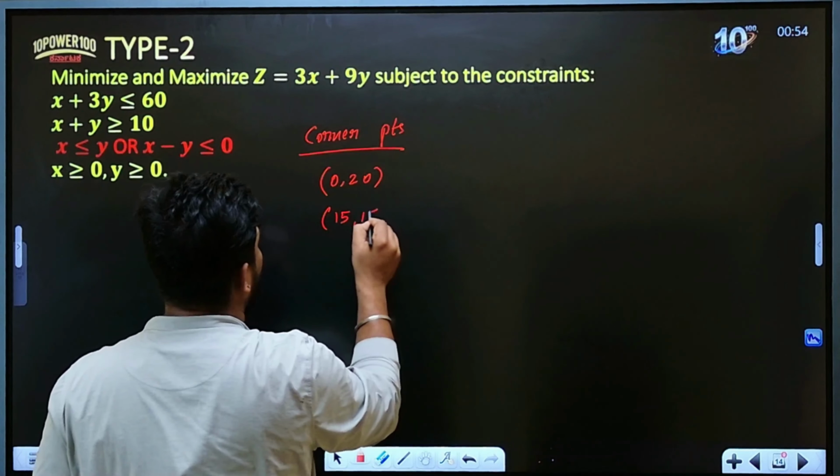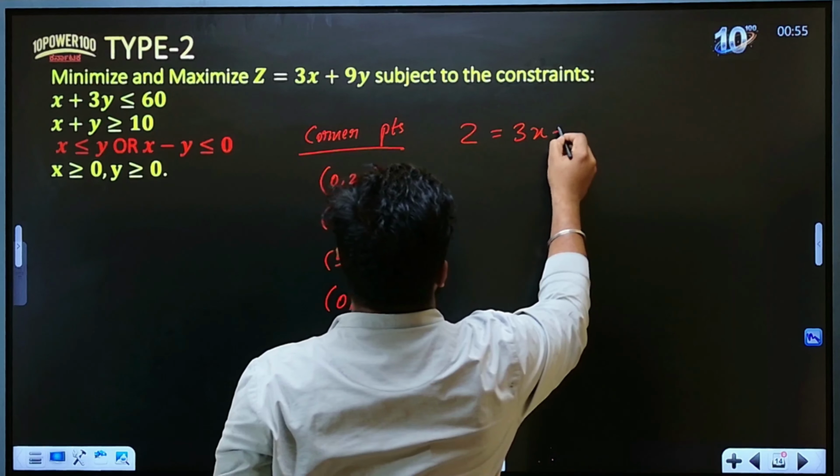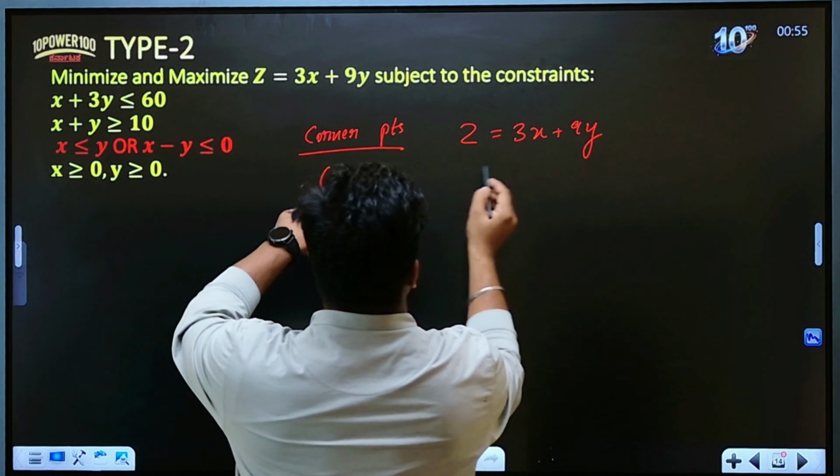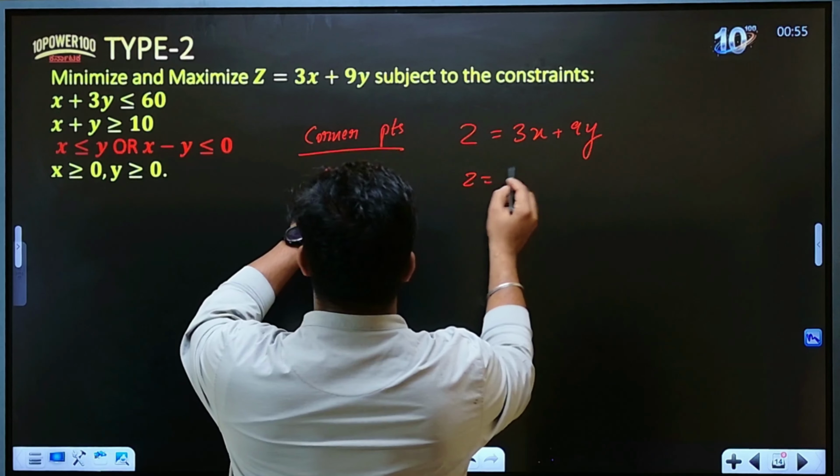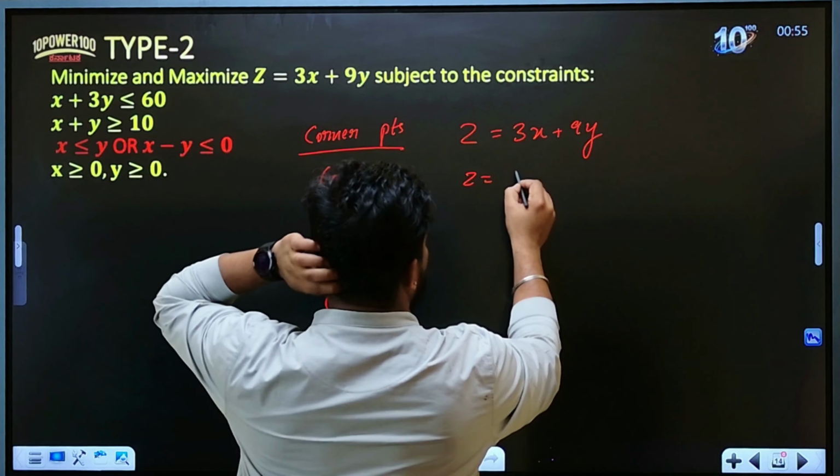Now you'll be wondering how I got these points so clearly. For me it is very clearly visible, children. In your graph sheet, these points will be very clearly visible for you all, so nothing to worry. Now we have to consider z. Z is equal to 3x plus 9y. Now substitute: z is equal to 0 plus 9 times 20, it is 180.